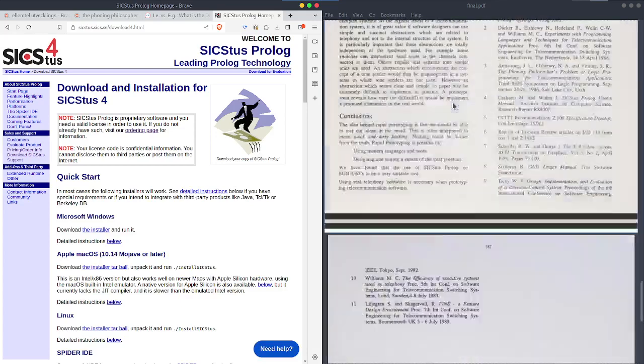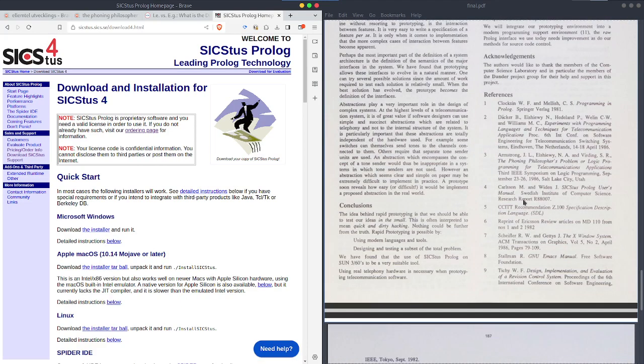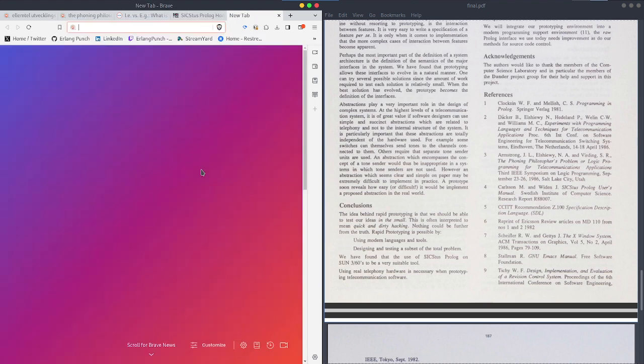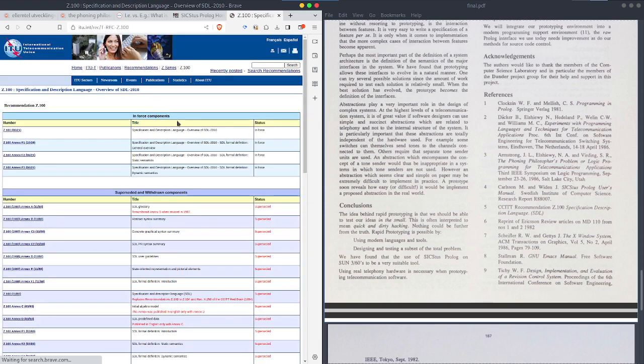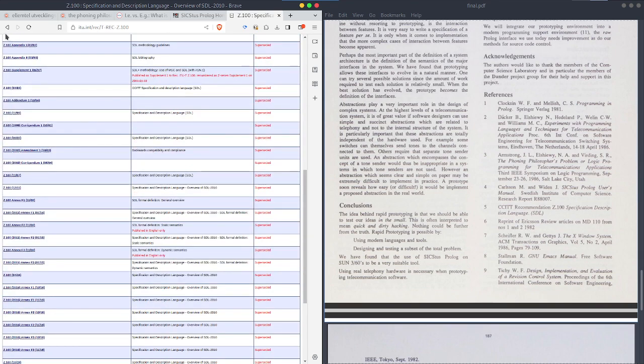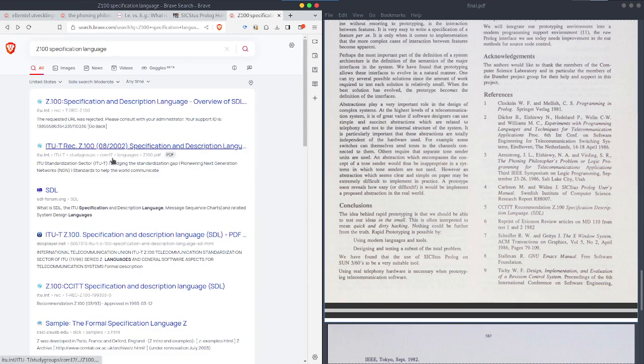So SDL, Z100. Okay. I really don't know what that is. Oh, that's a telecommunication standard.